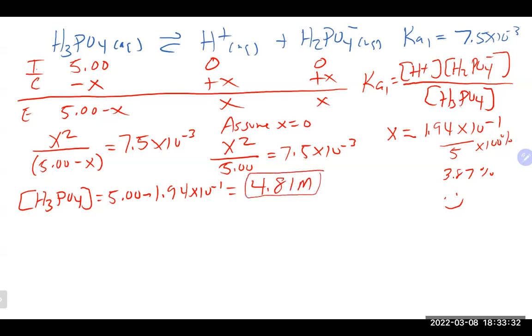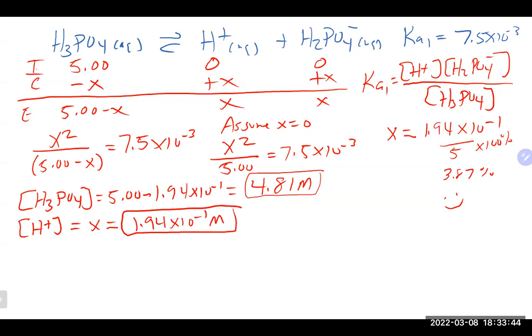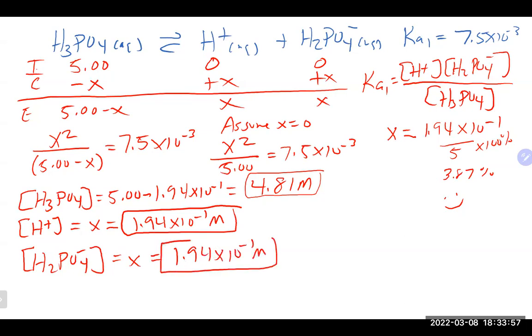It will also give us the H plus concentration, which is equal to x, which means it is 1.94 times 10 to the minus 1 molar. It will also give us from our table the concentration of H2PO4 minus, which also equals x, which would be 1.94 times 10 to the minus 1 molar.